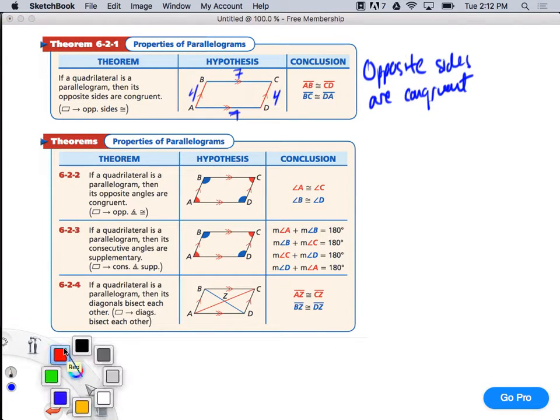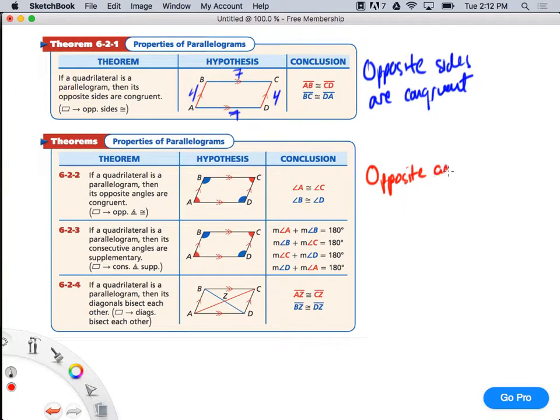The next one. If a quadrilateral is a parallelogram, then its opposite angles are congruent. So the next thing is opposite angles are congruent. Well, what are the opposite angles, like B and D, the blue ones, and A and C, the red ones?